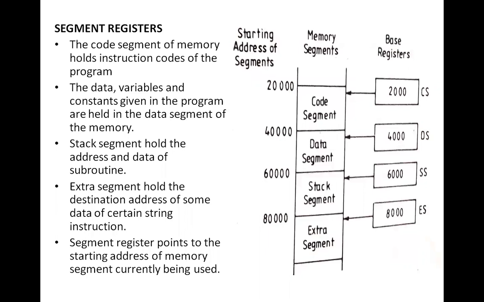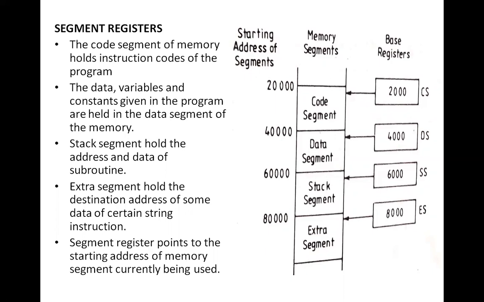Now let us see what the use of the segment registers is. Under the category of segment registers, we have four segment registers. One is the code segment register, CS, the data segment register, DS, the stack segment register, SS, and the extra segment register, ES.